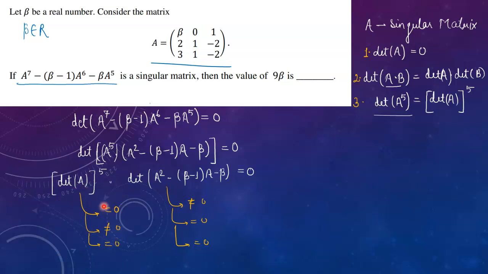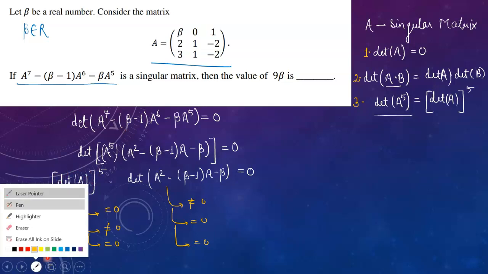These all three possibilities may be possible for these products. So let me check what determinant A is going to be, since we can calculate determinant A easily.